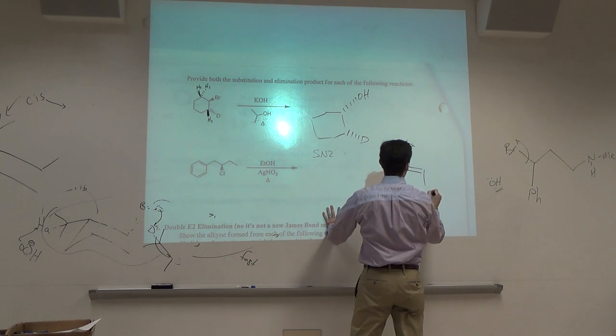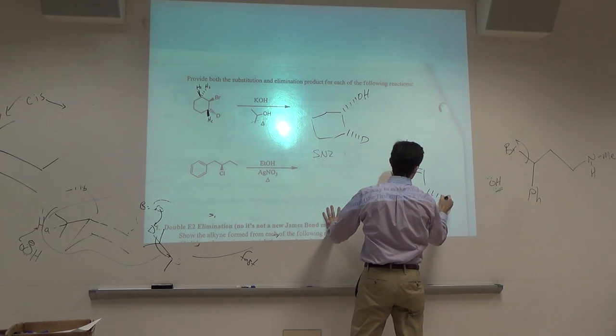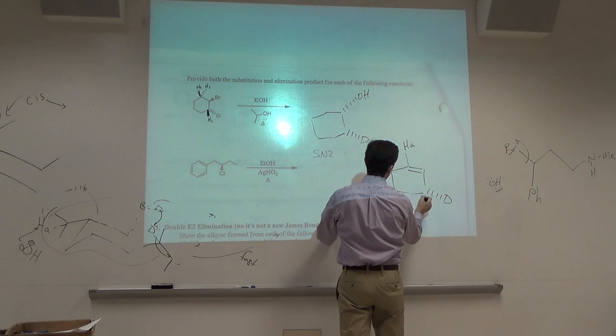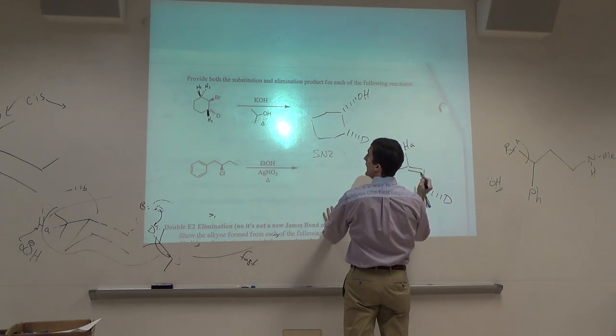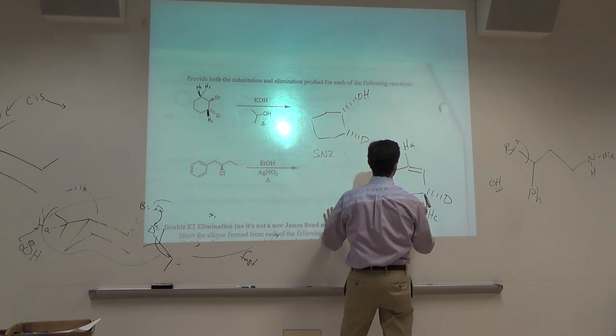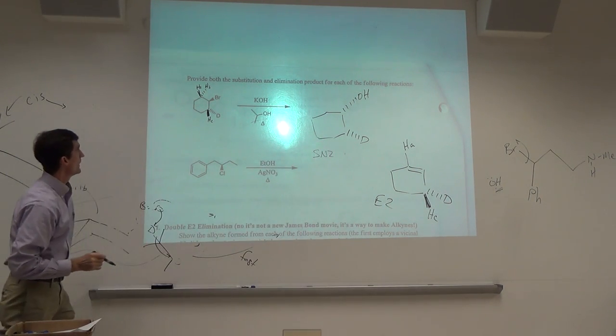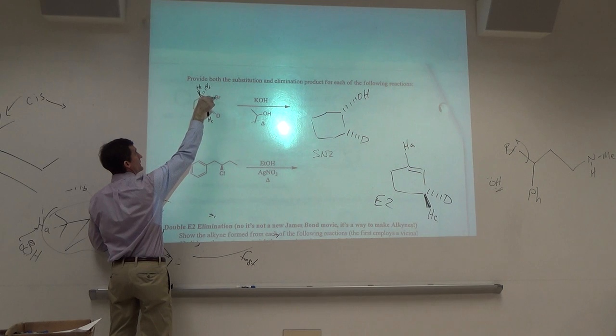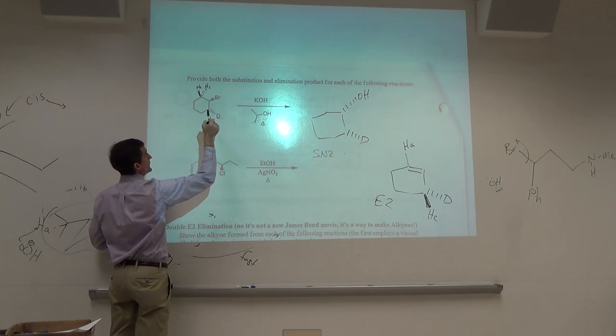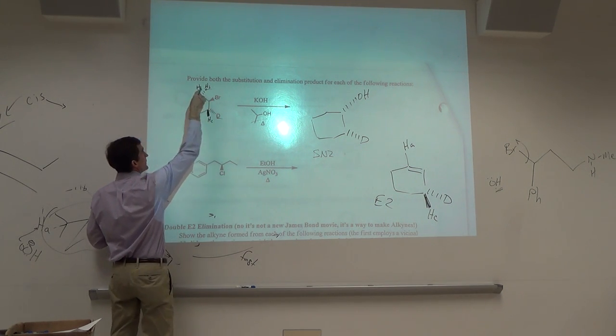Product here will be HA, D, HC, yes, E2. Why did it take HB? Because it's going to be trans coplanar. Well, so with the deuterium, which is going to be preferred, that H or that D?